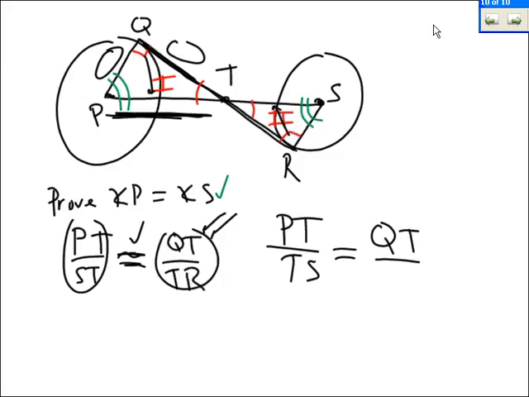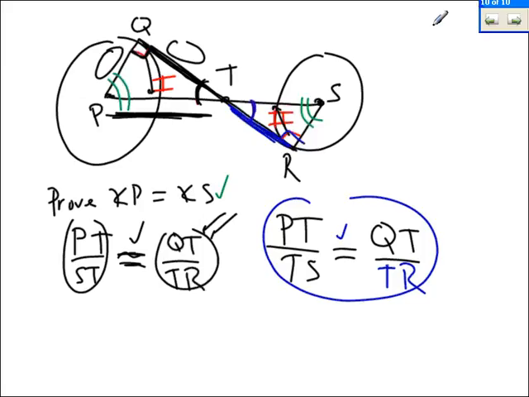QT is right here. It's between the right angle and 1 slash. That's the side that has 1 slash and 1 right angle. RT, TR. And you say, oh yeah, that's true. I can say one other pair. I can talk about PQ. PQ is between 2 slashes and the right angle.